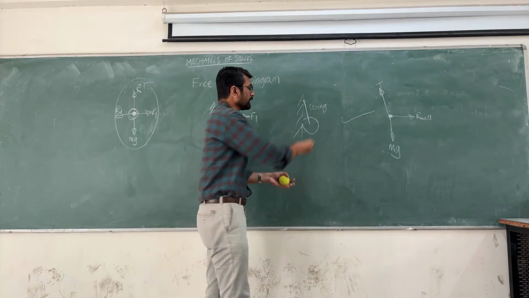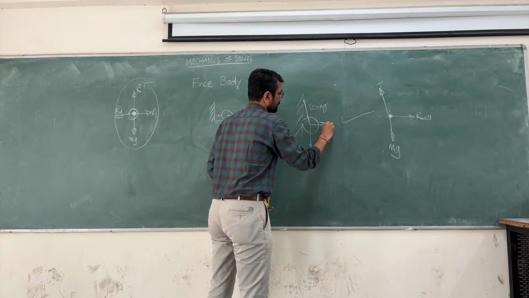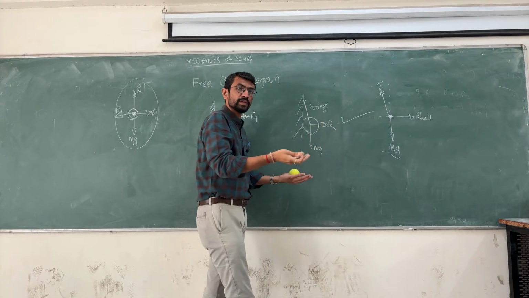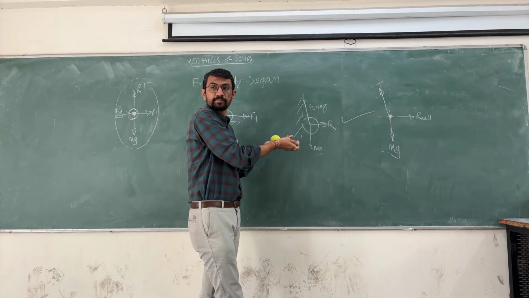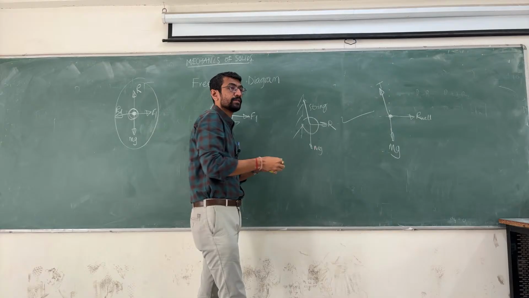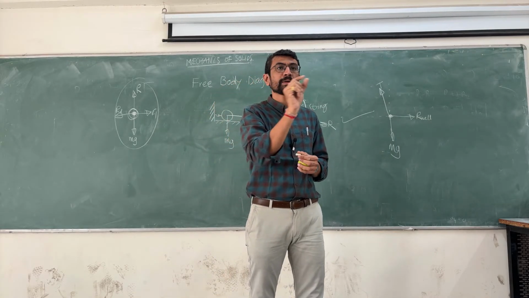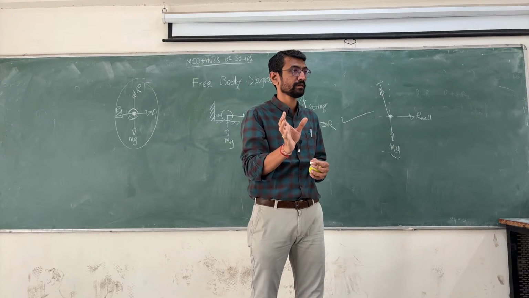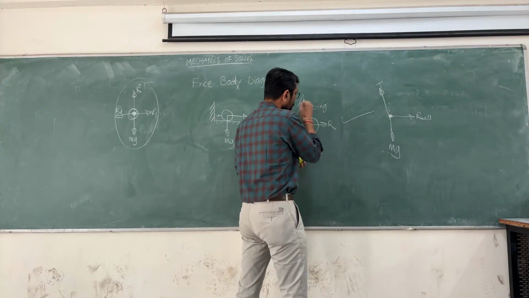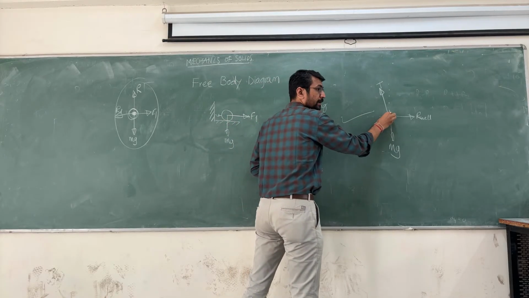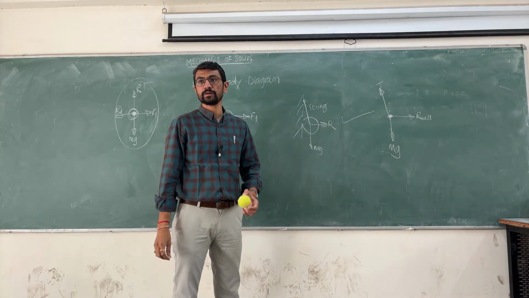So instead of drawing this thing every time and resolving forces here, it is convenient to go for a free body diagram. Here, where there are few forces, draw this, it is similar. But when it is a part of machinery, some part or partial portion of a machine or a structure, it is very convenient to go for a free body diagram in which you consider the entire body as a particle and exhibit all the forces which are acting.